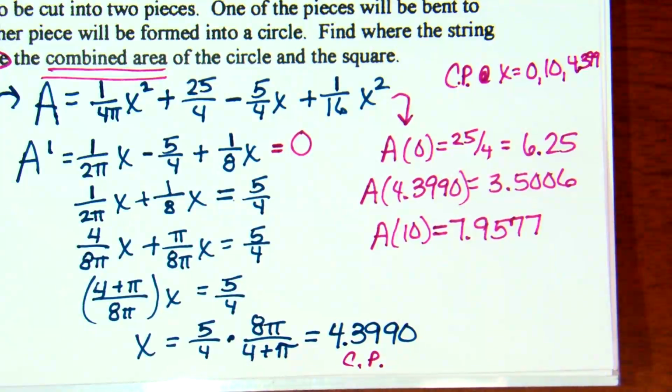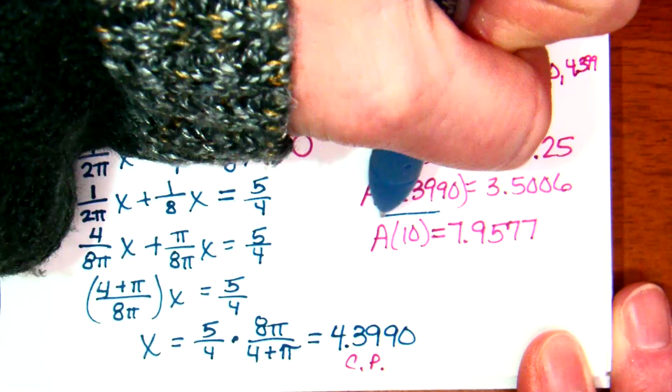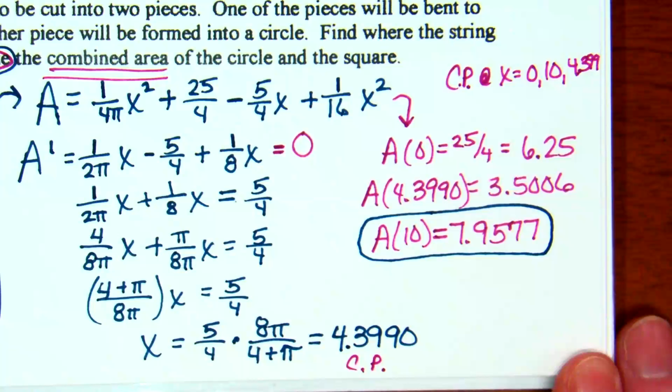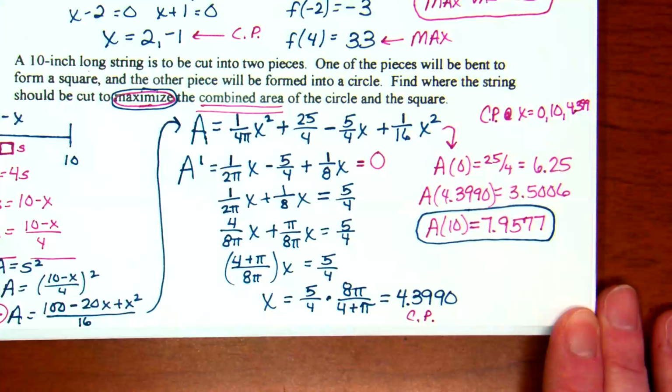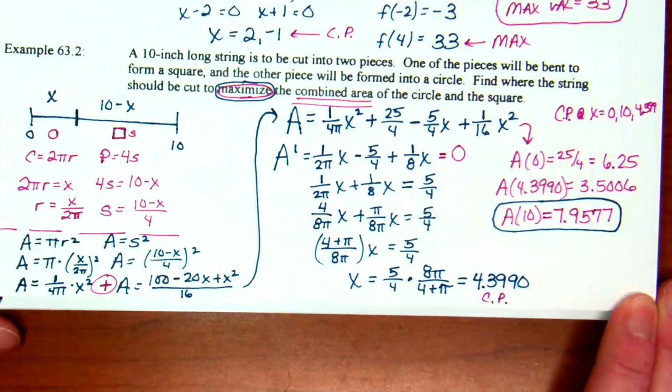Now, here's what you have to look at. Think about the way we drew the picture. This is where it does matter when you get to the end. We have to go back and look which way we drew the picture. It says A of 10. So when x is 10, what's that saying?